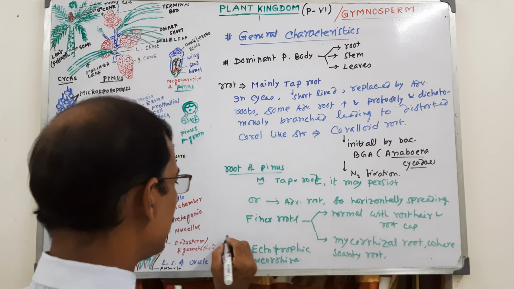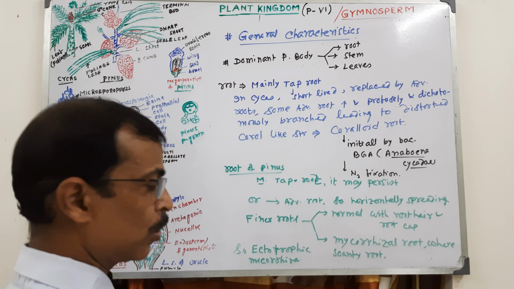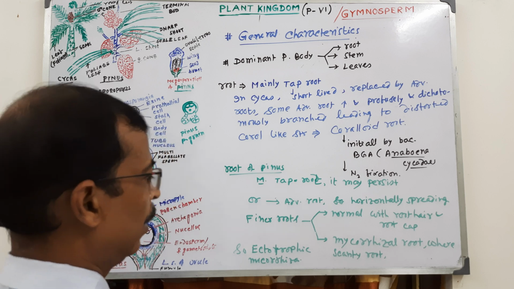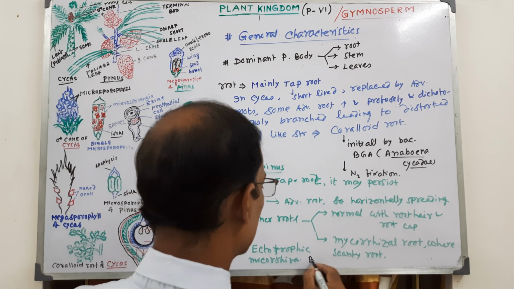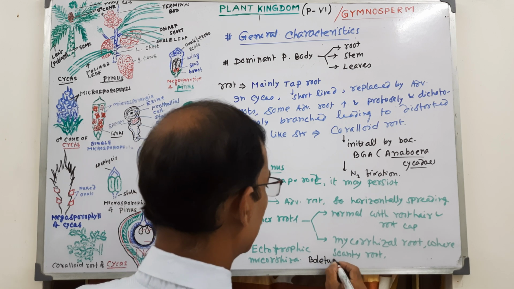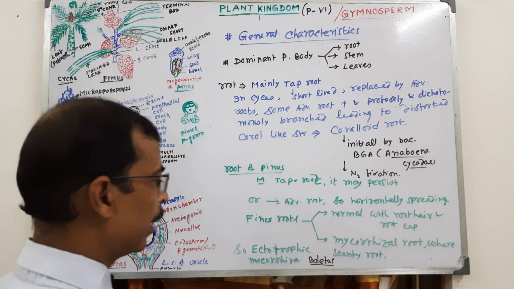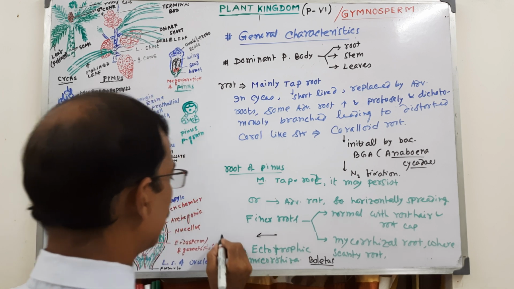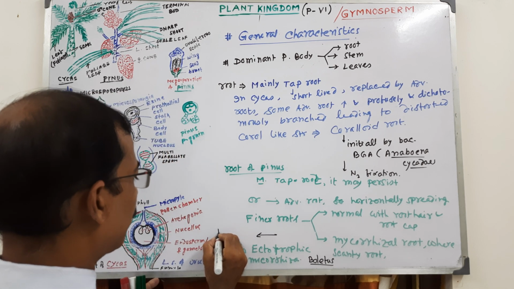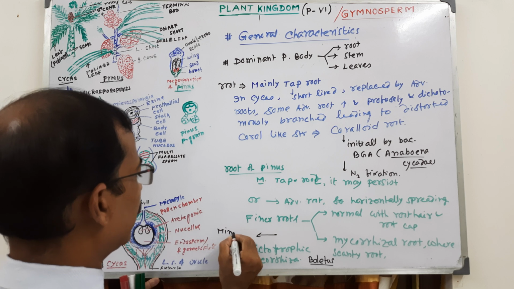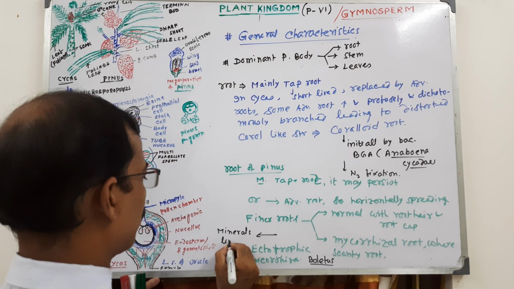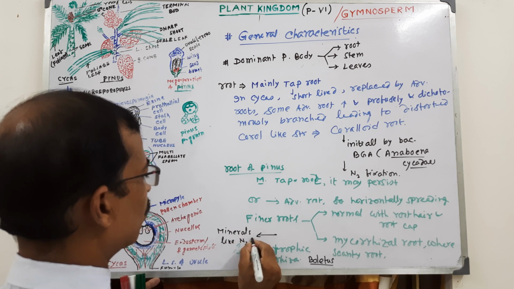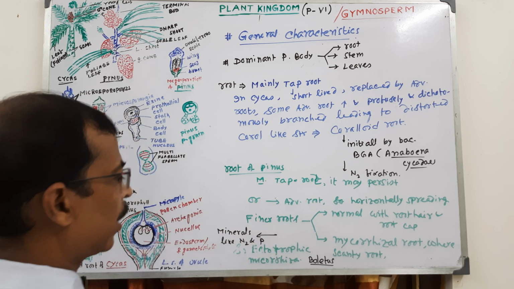The fungus name is Boletus. You know Boletus satanus under Basidiomycetes is a poisonous fungus, but some species of Boletus form ectotrophic mycorrhiza. It helps in mineral absorption, minerals like nitrogen and phosphorus, and also water absorption.